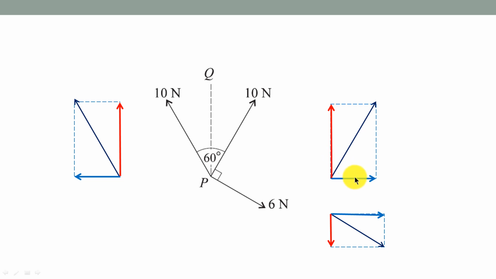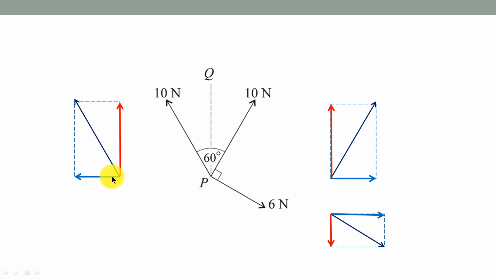The horizontal components are given in blue, while the vertical components are given in red. Usually when we resolve a force in a certain direction, we make sure that the force itself always forms the hypotenuse of the rectangle, so that the components will be these two sides.